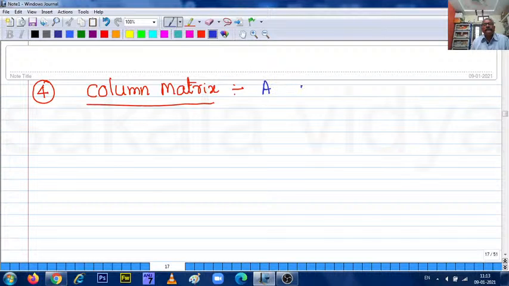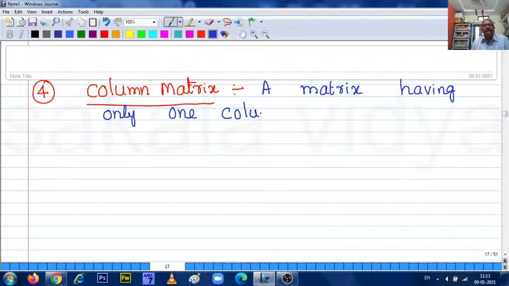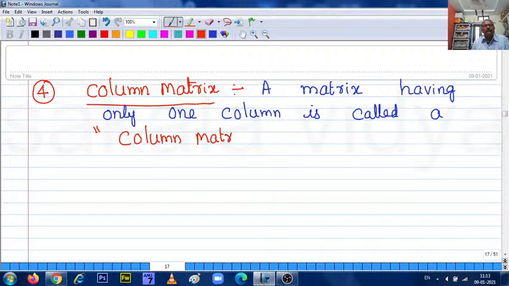A matrix having only one column is called a column matrix. It is of the form m by 1 type.